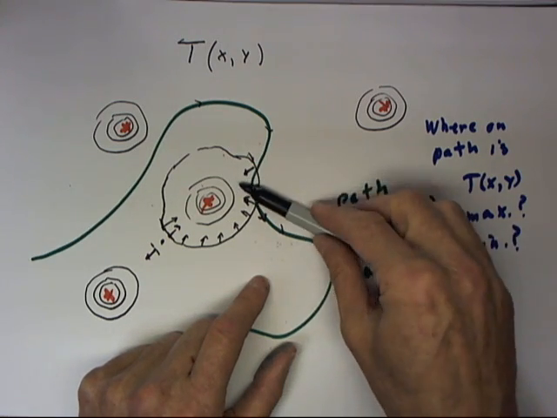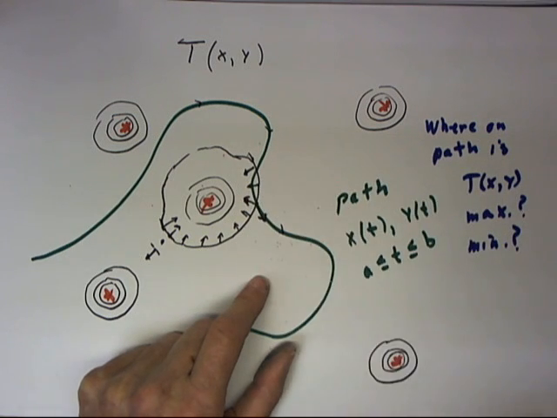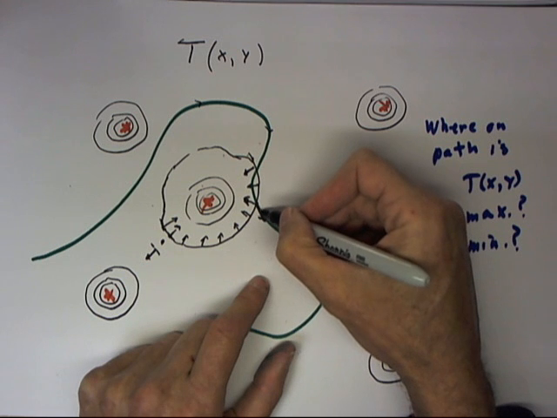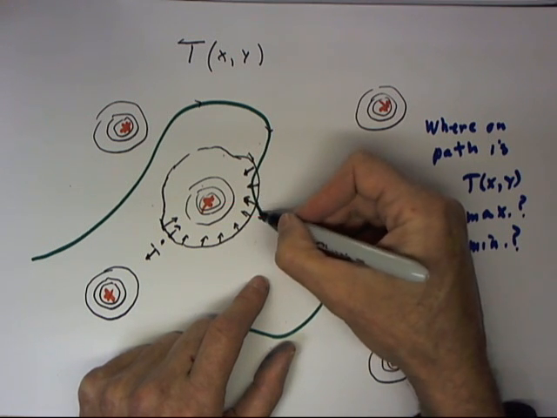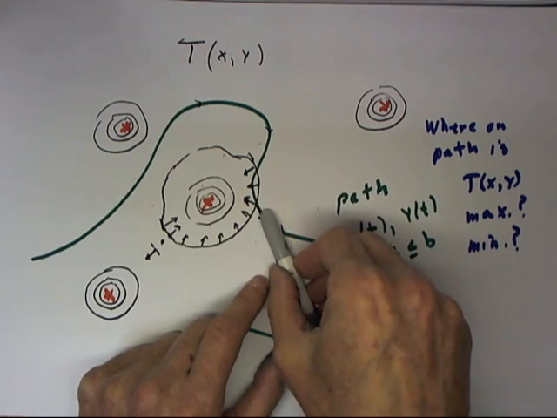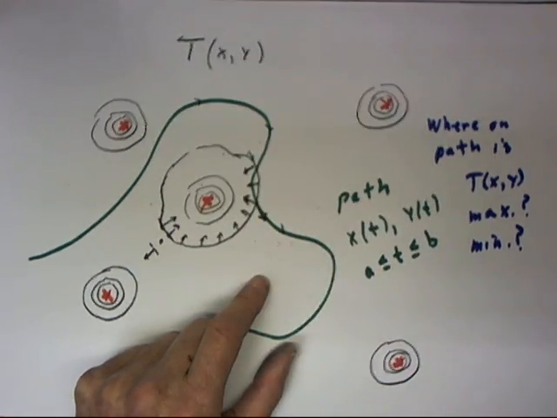If we were to project this gradient vector onto a unit tangent vector, we would get an idea of the rate at which the temperature is increasing with respect to distance along this curve. That would coincide with a directional derivative in the direction of the unit tangent vector, the directional derivative of this T of x, y function.